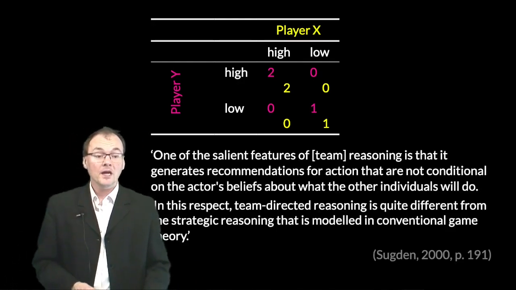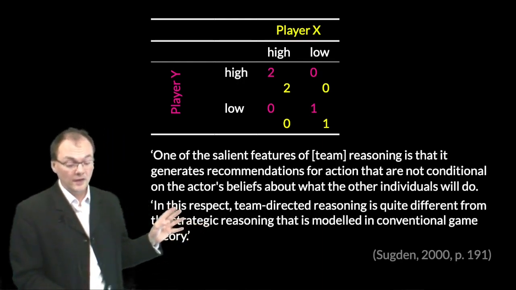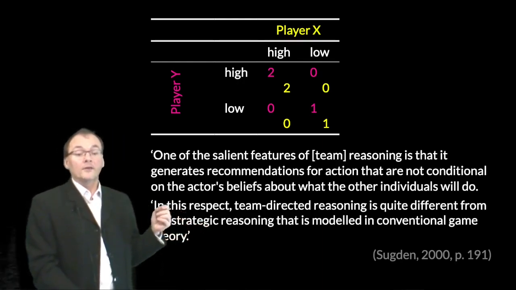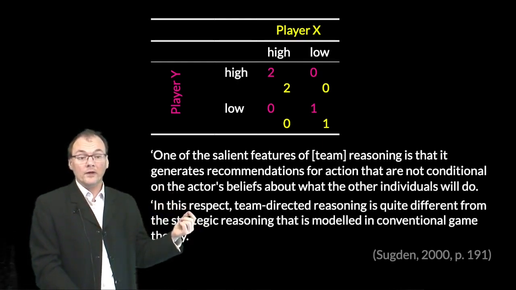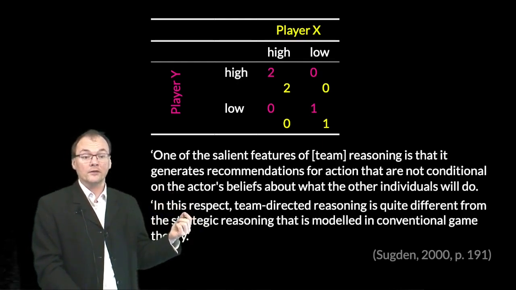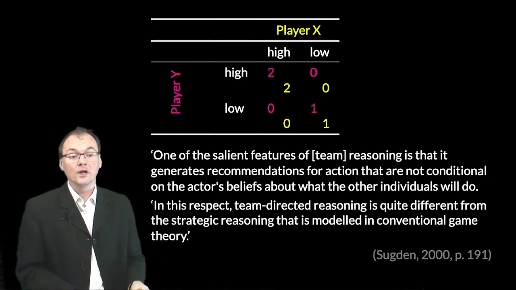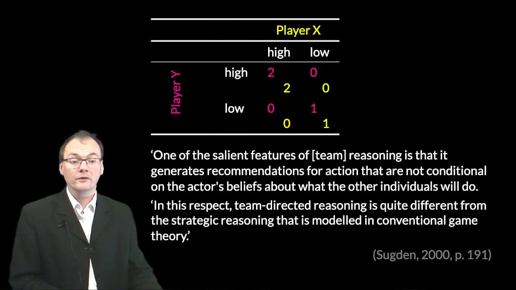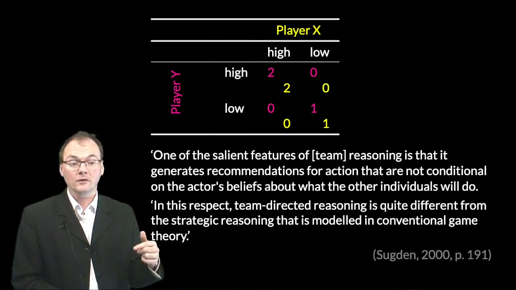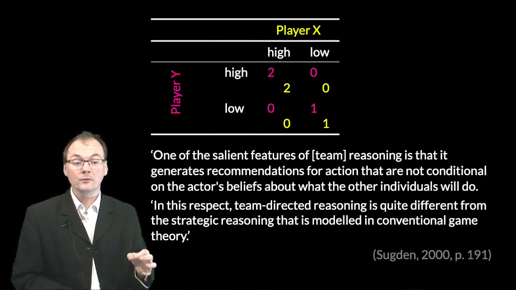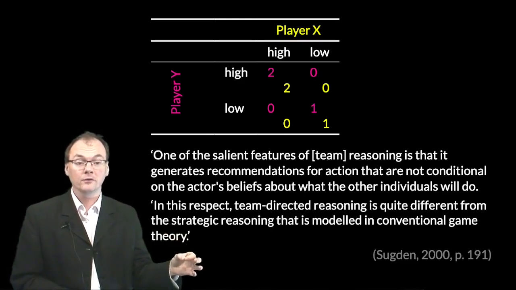And the important thing to see here, as Sugden tells us, is that in team reasoning, we are no longer thinking of ourselves as engaged in a kind of strategic competition. Sugden says, one of the salient features of team reasoning is that it generates recommendations for action that are not conditional on the individual's belief about what other individuals will do.